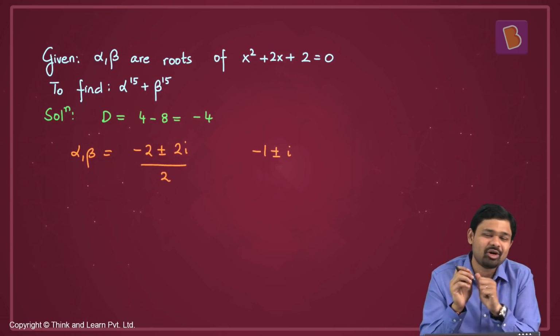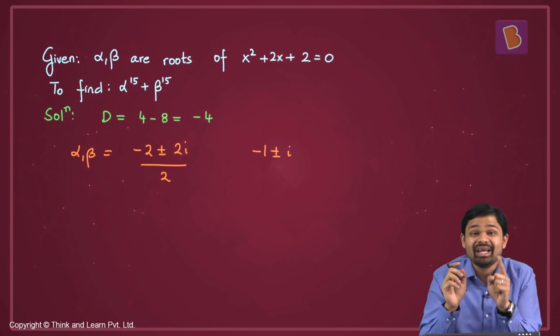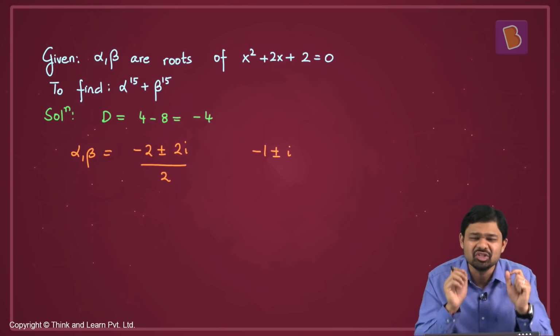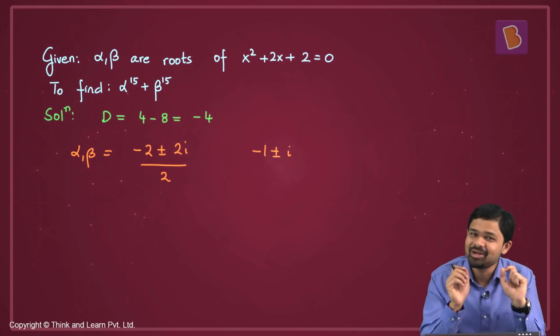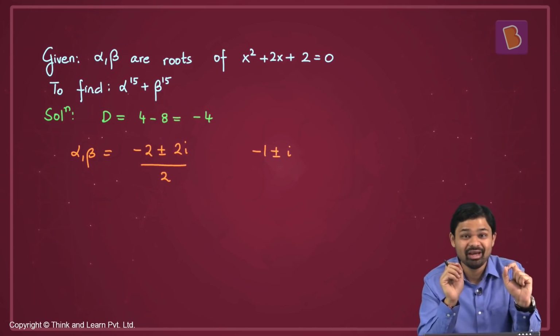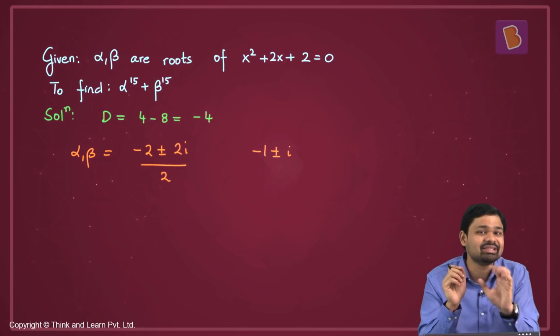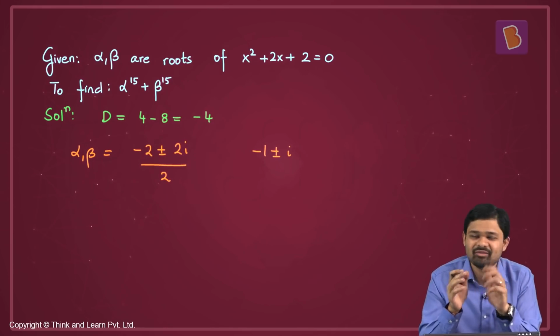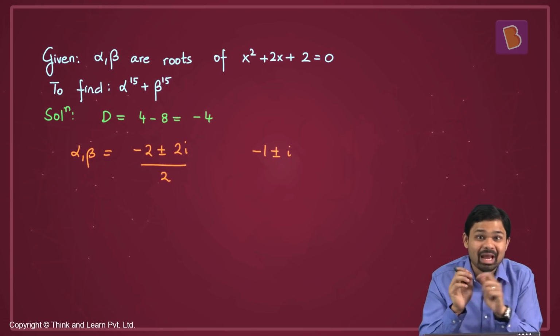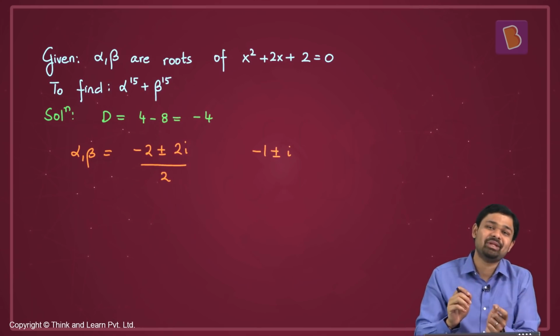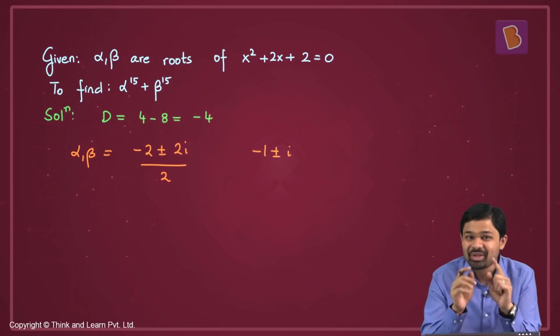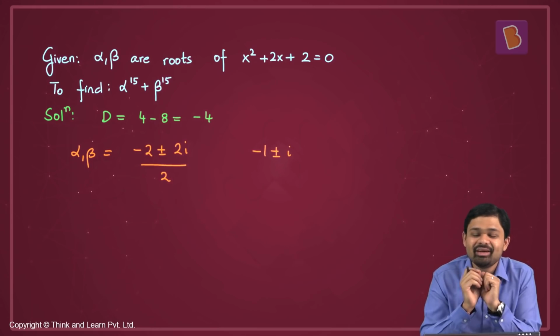Modulus of both these complex numbers are √2, but the arguments vary, and they vary considerably. Because -1 plus i lies in the second quadrant, its argument is going to be pi minus tan inverse of 1 by 1, which is pi by 4. But the argument of the other complex number, -1 minus i, which lies in the third quadrant, is a little more tricky.